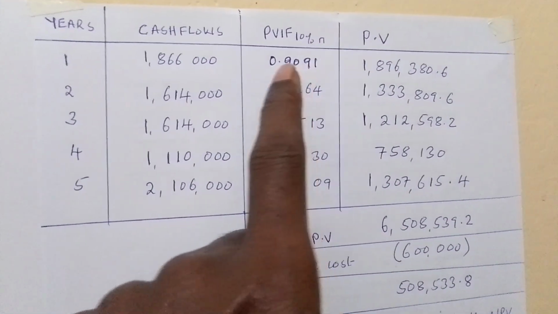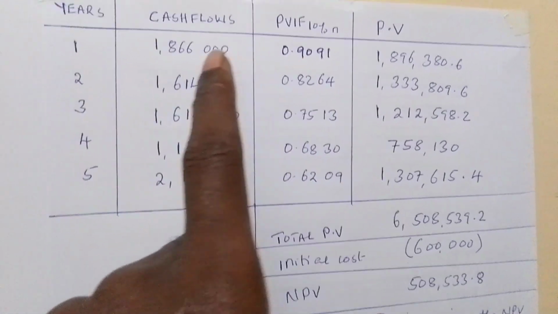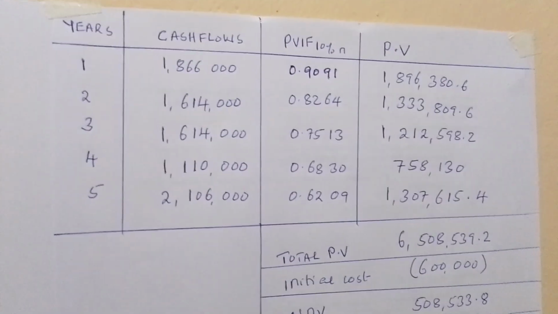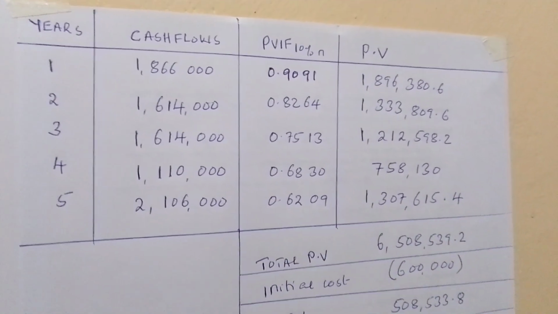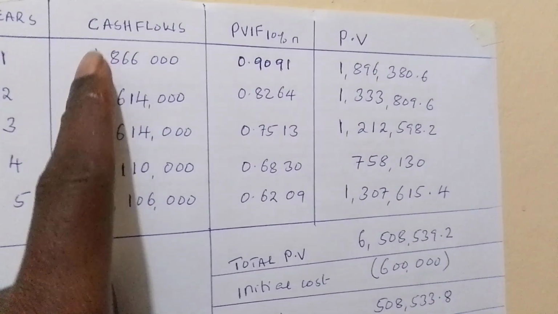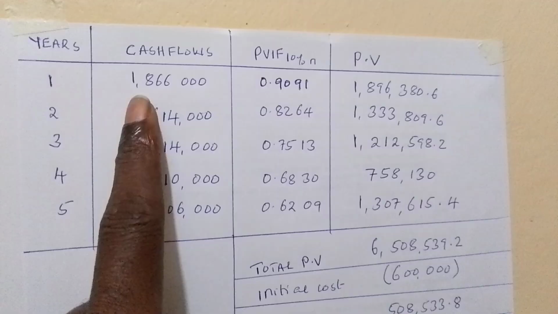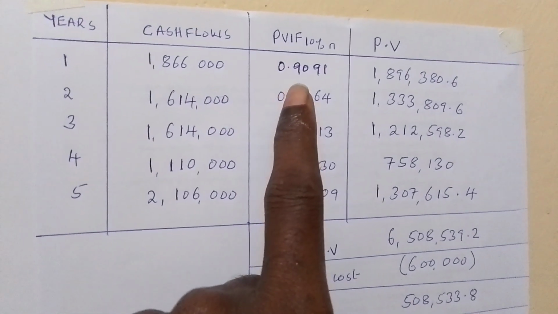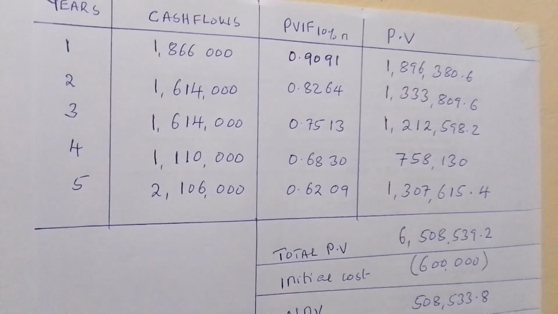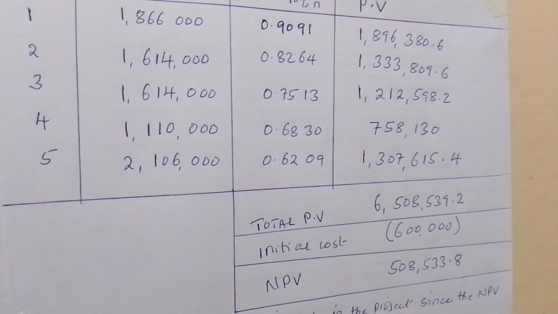And then you multiply now. To get the present values, you multiply these cash flows by the present value interest factors. So 1,866,000 times 0.9091 gives you 1,896,380.6.